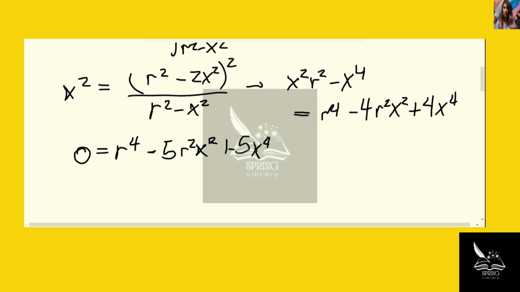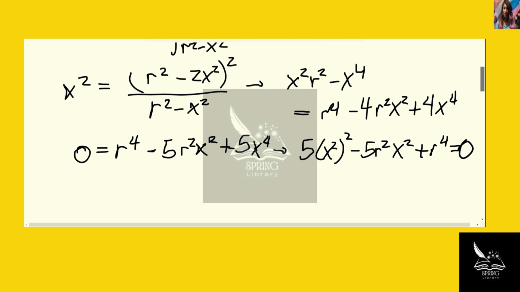We can write this as a quadratic equation: 5 times x squared squared minus 5r squared times x squared plus r to the fourth equals 0. Using the quadratic formula, you can find x squared.